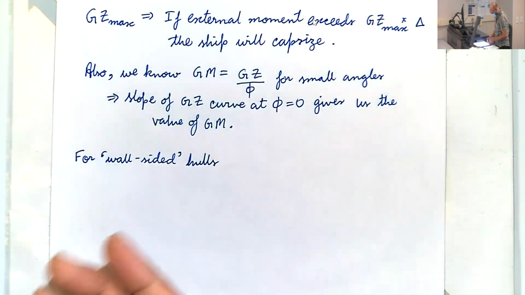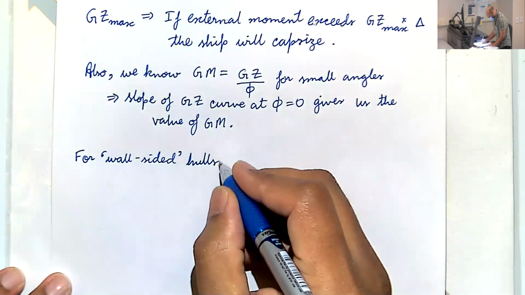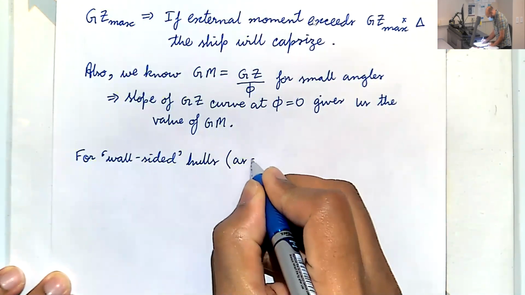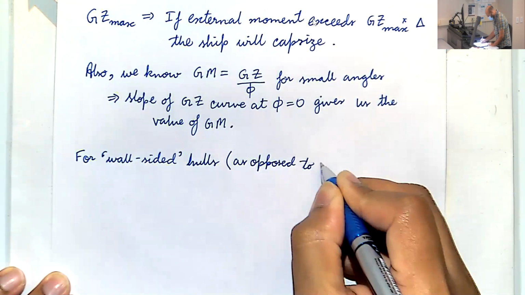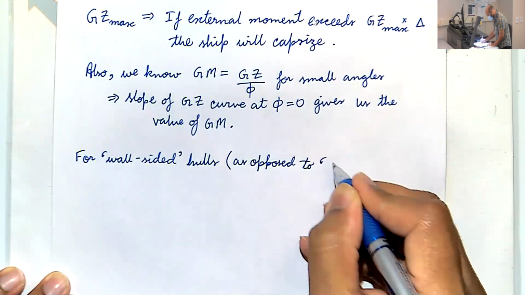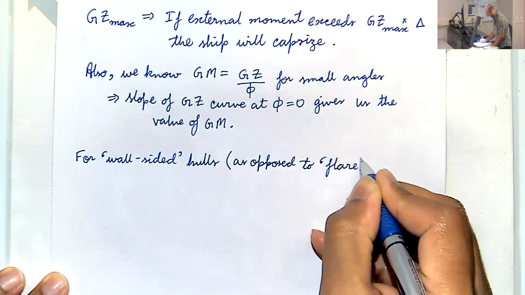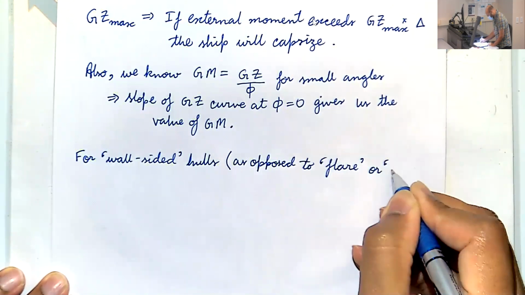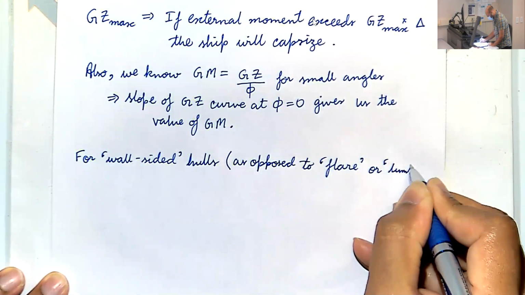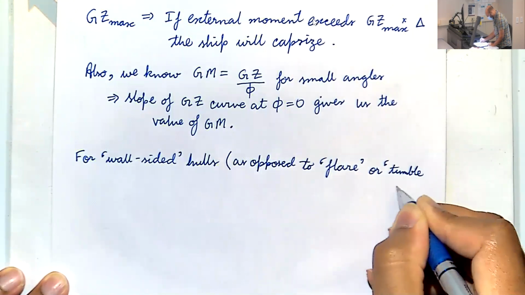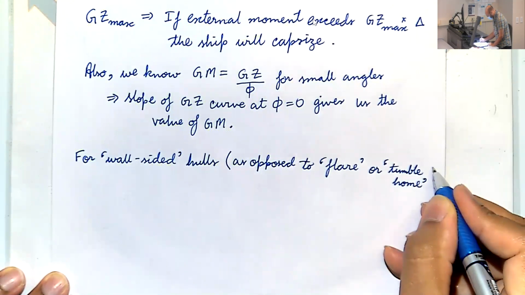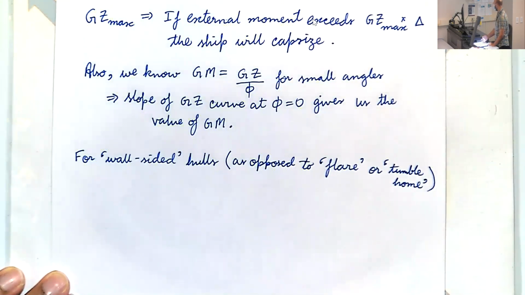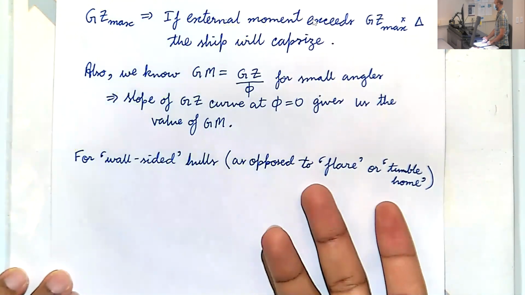So for simple hull shapes, as opposed to flare or tumble home. Have you heard these terms before? Flare, tumble home?